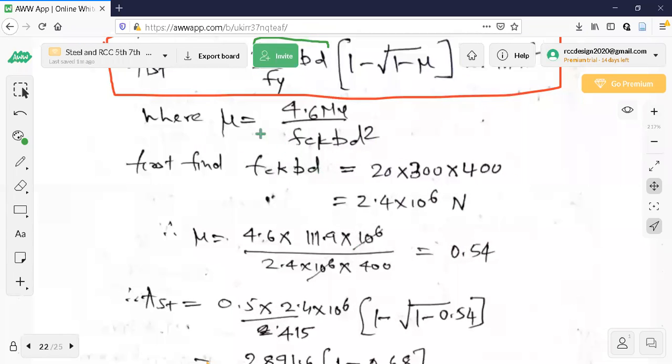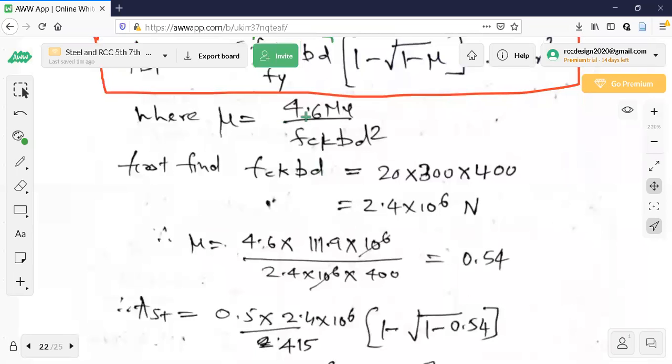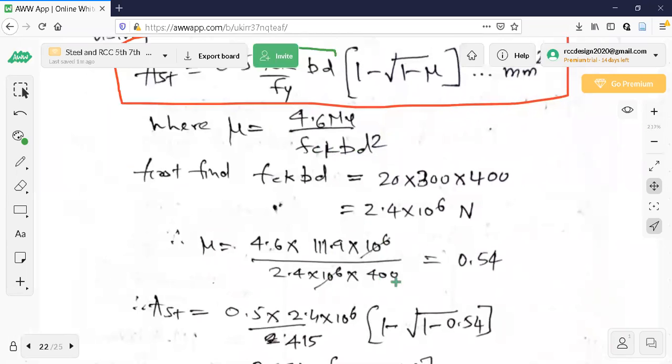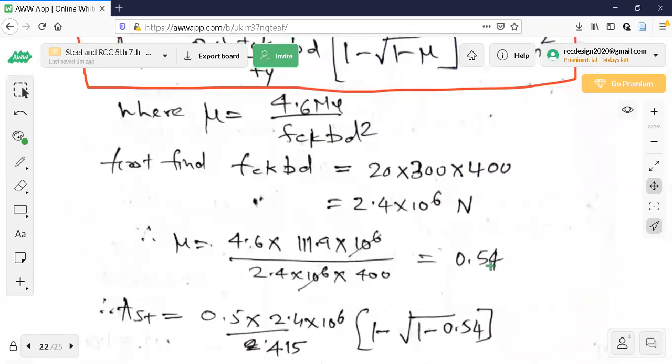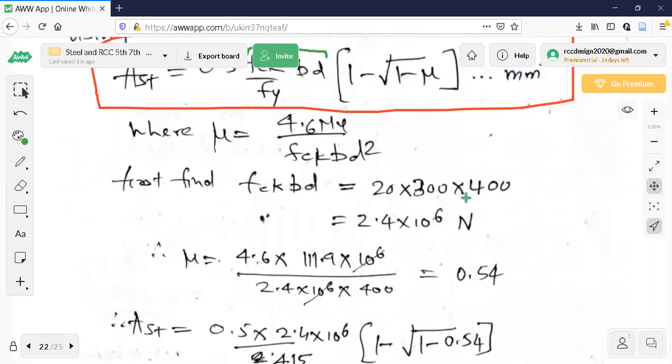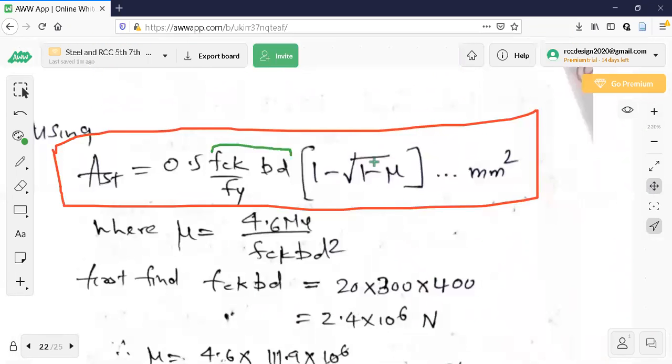So what I am doing now, I am calculating mu here. 4.6 into Mu divided by 2.4 into 10 raised to 6, which is FCK BD. One more D I will add because it is D square. So this is 400. So FCK BD into one more D. So 0.54 I got. So I got mu as 0.54. Just observe this.